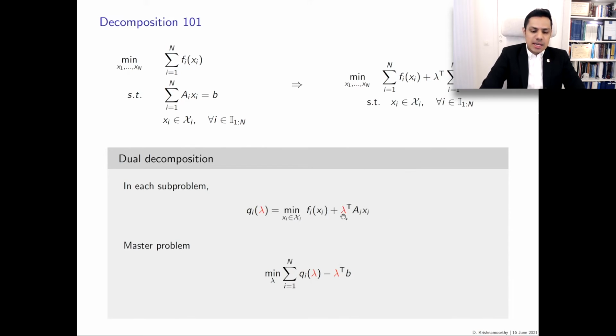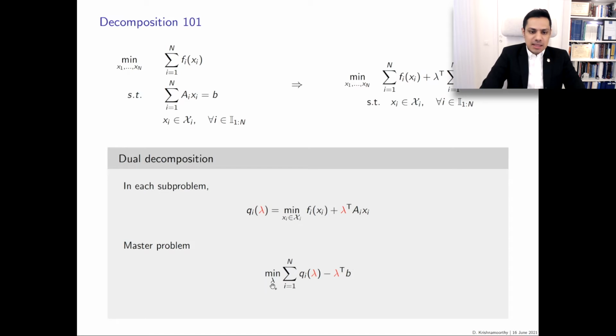We can then write each subproblem for a given Lagrange multiplier as minimize Fi(xi) plus lambda times Aixi, subject to these local constraints given by this calligraphic Xi. Okay, so now each subproblem can be solved in parallel for a given Lagrange multiplier, and the master problem is then given by this problem here, which computes the new Lagrange multipliers.